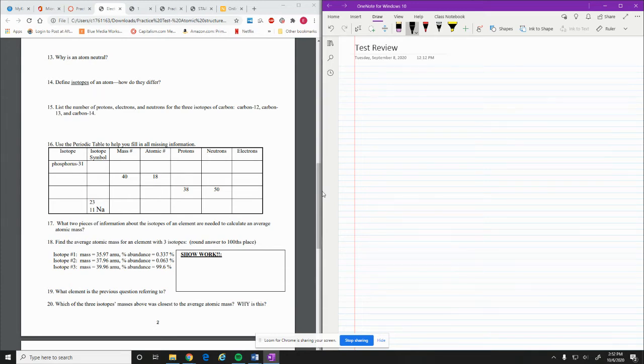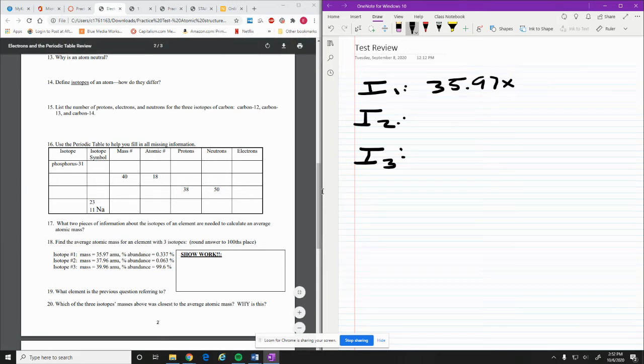So how I do these, and you're going to have to do them the same way, I1, I2, the good thing is, once you get down the process, it's the same thing for every single one of these. Okay, so notice your mass is, let's start with the first one, 35.97 multiplied by, and right here, a lot of people messed up.